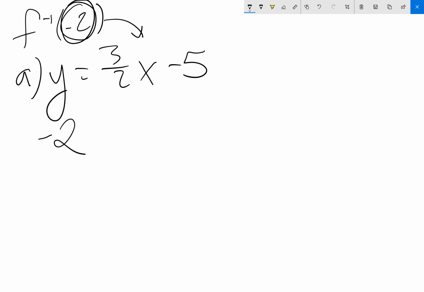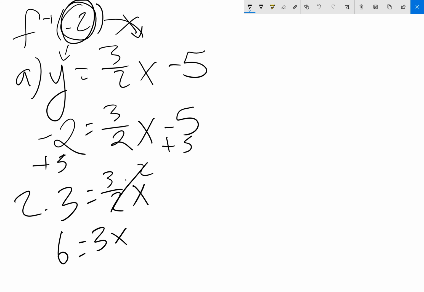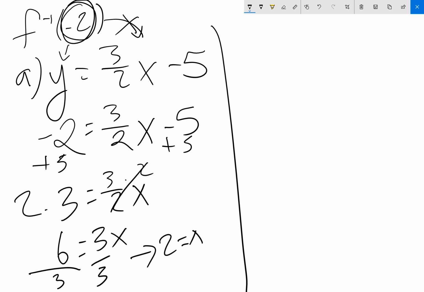We're going to turn it inside out, and we're going to plug it in to y. Add 5 to both sides, and you can either just multiply it by 2, divide by 3, giving you x to be 2.